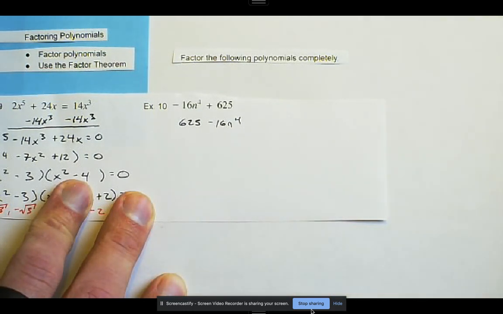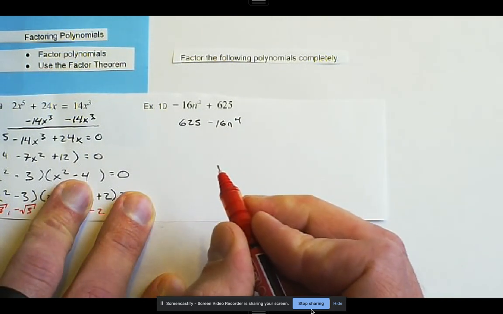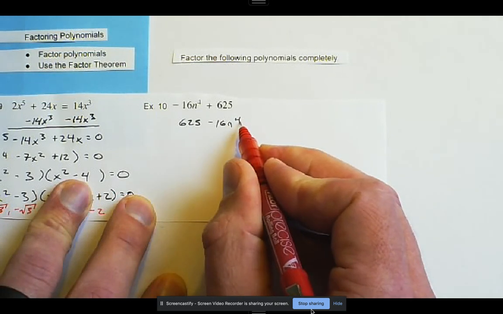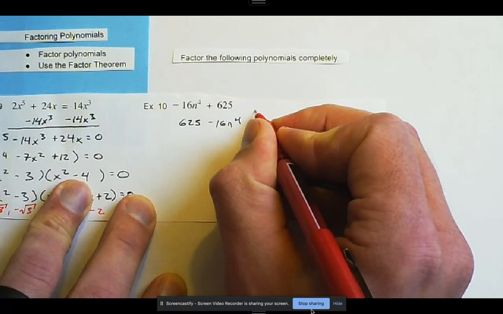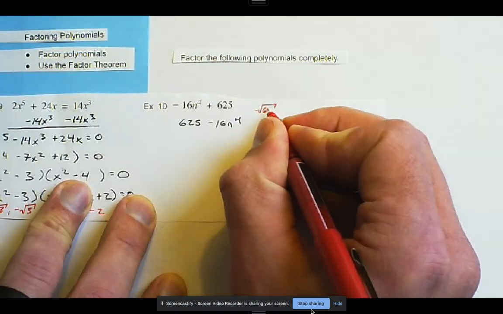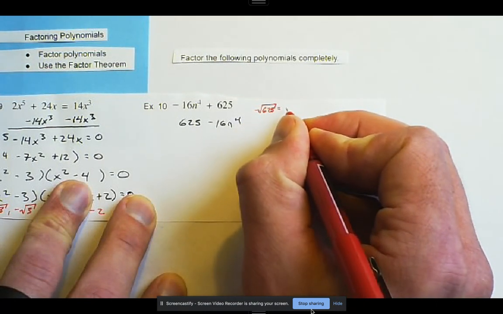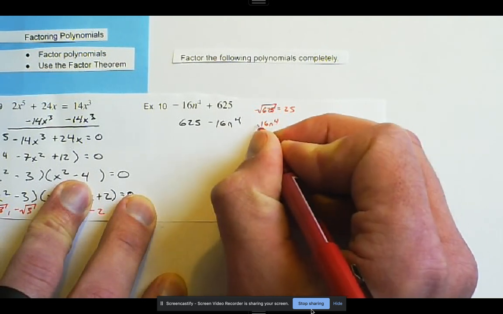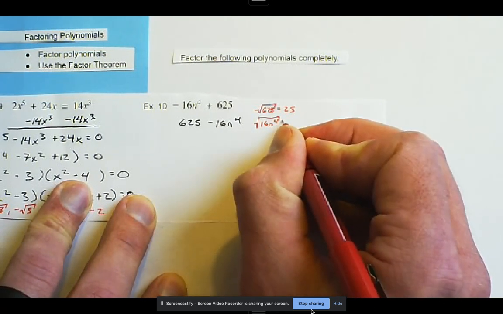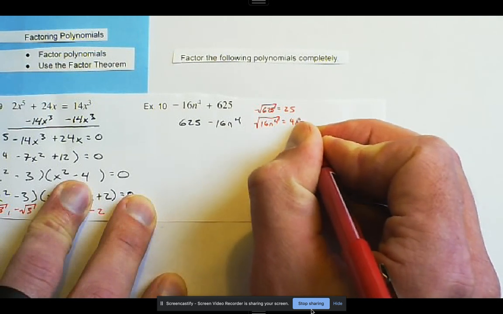And if we look at this, we have an even coefficient here, so we want to be thinking difference of squares. So the square root of 625 is equal to 25, and 16n to the fourth, if we take the square root of that, we get 4n squared.